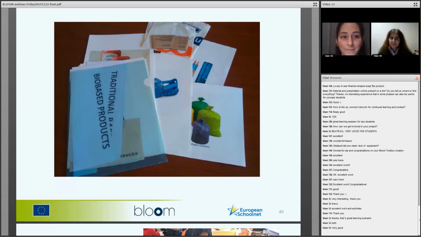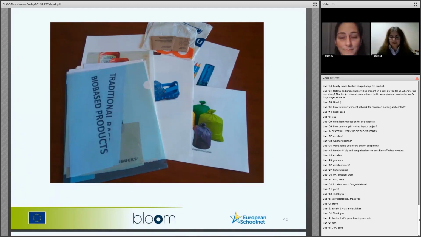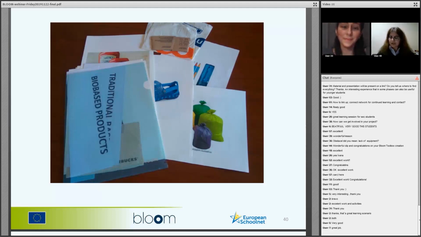We really found many examples of products that already exist in the market, many brands that they know well. It was quite easy. We also found lots of information on which raw material was used to build those materials.